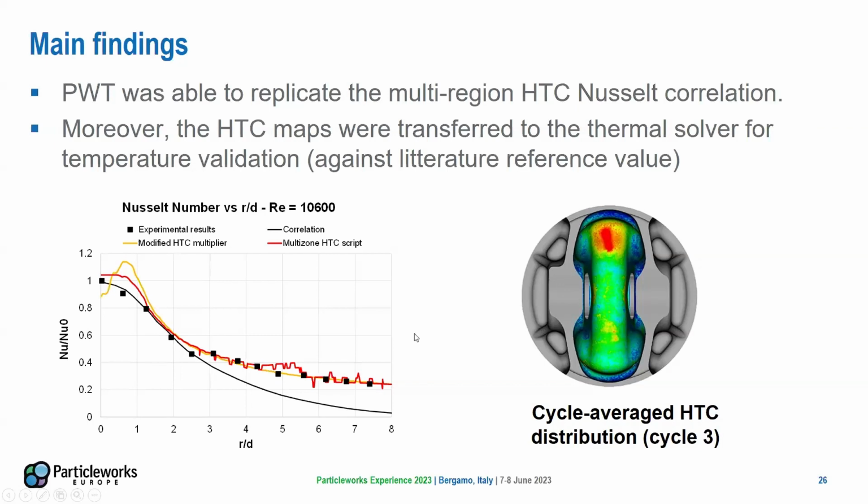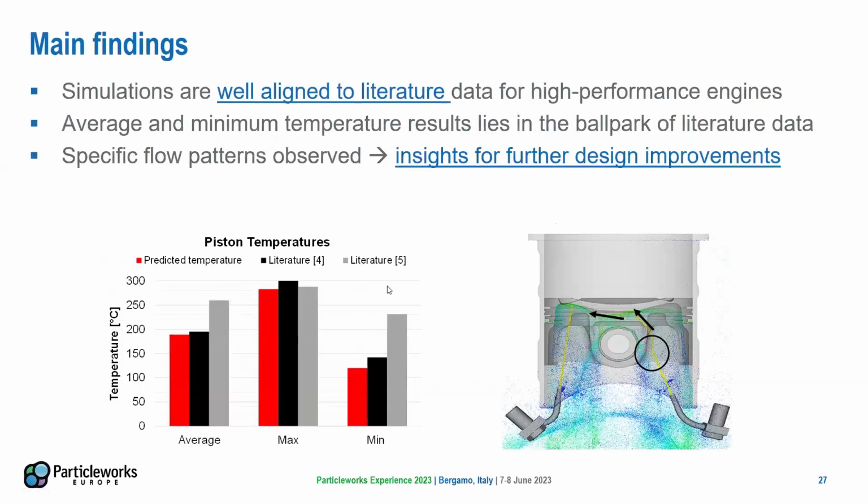So you need to tune the Nusselt correlation describing the heat transfer coefficient due to that jet, and it was done correctly with the possibility to script the HTC correlation. This HTC map was then applied to the thermal solver in order to compare the predicted temperature in the piston cooling application with some literature results.